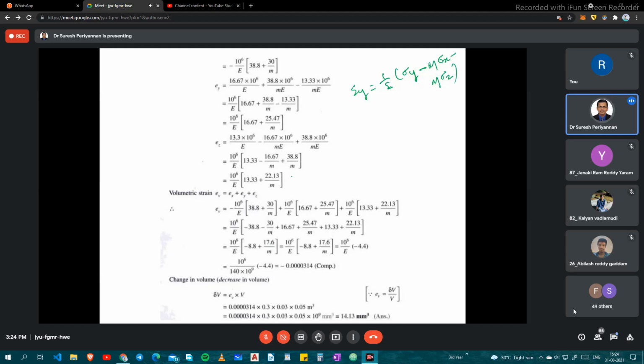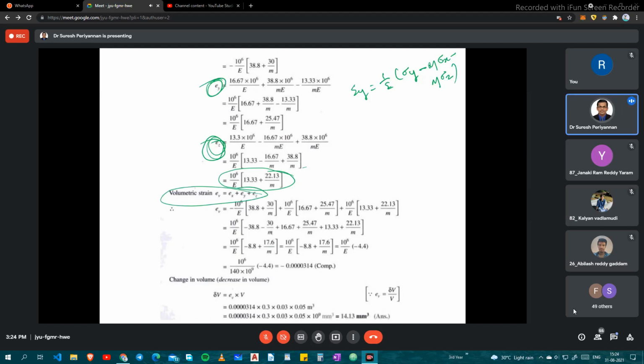Substitute here, and you find it in terms of mu, which is nothing but 1 by m. We are considering the three principal directions: the strain with respect to x, y, and z. Now sum it all, and you are going to get the volumetric strain.